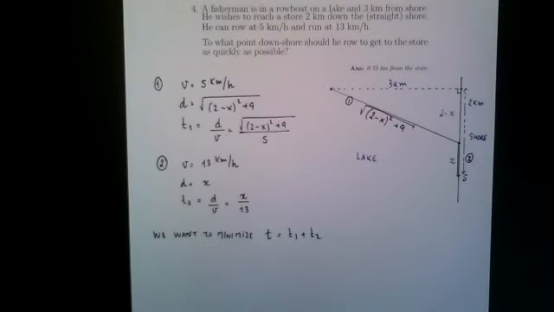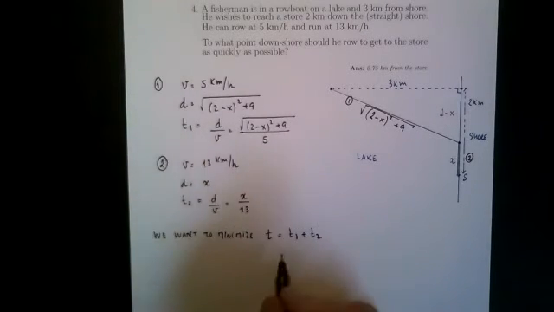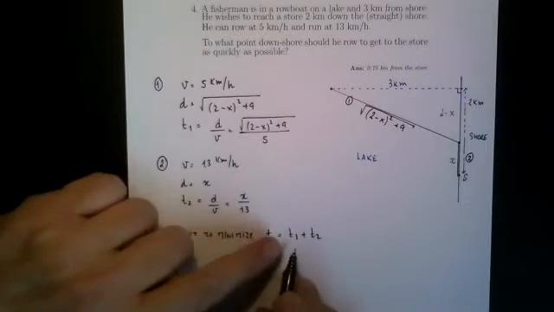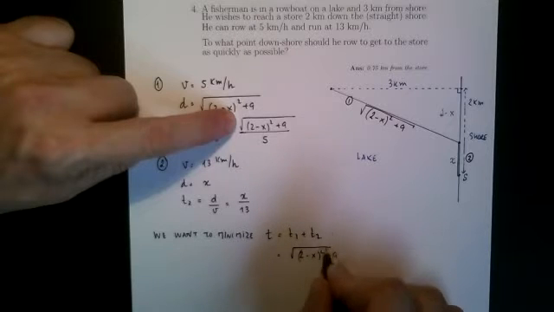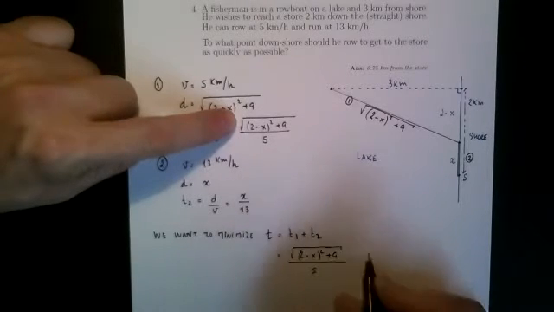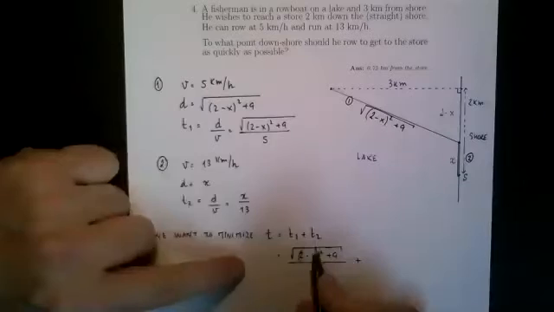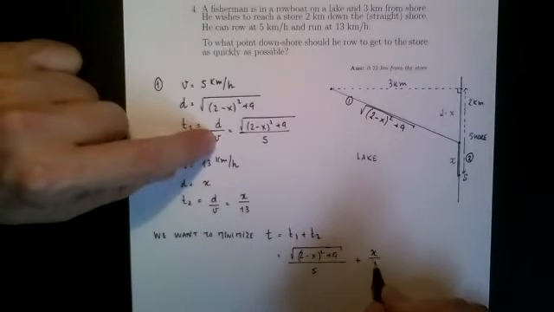Okay, so I don't hear any questions, so I keep going, right? Okay, so what is that? T1 is this. So the square root of (2 minus x) squared plus 9, over 5, plus t2, which is x over 13.